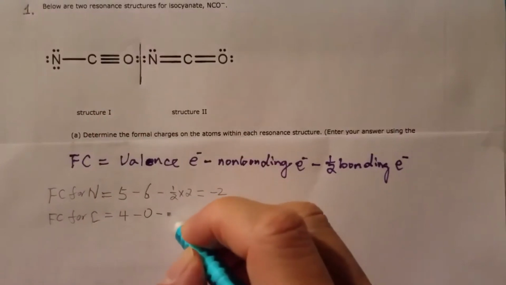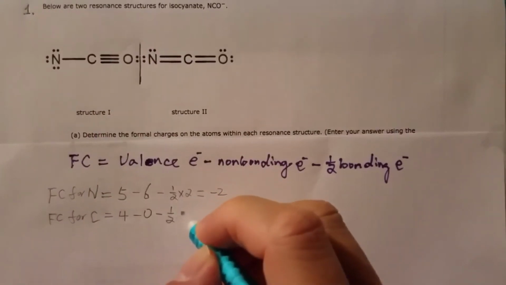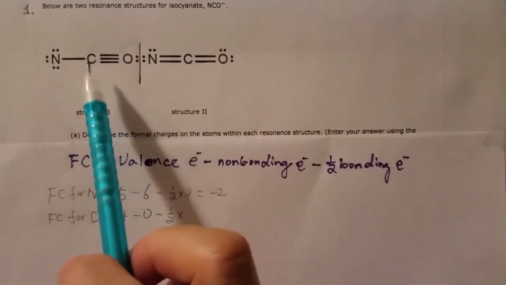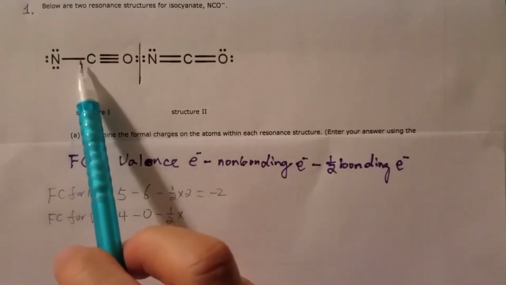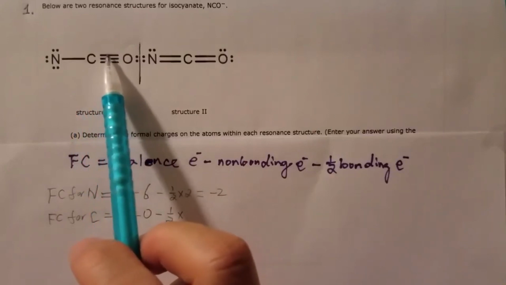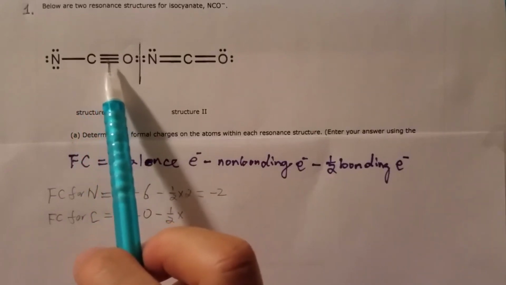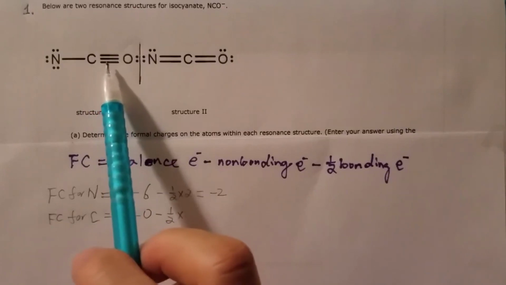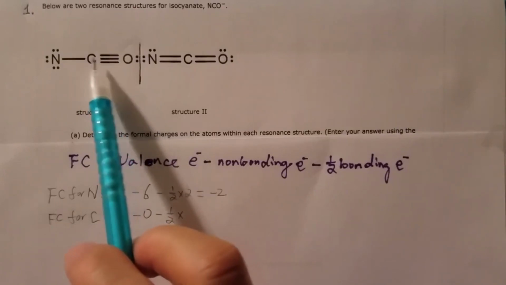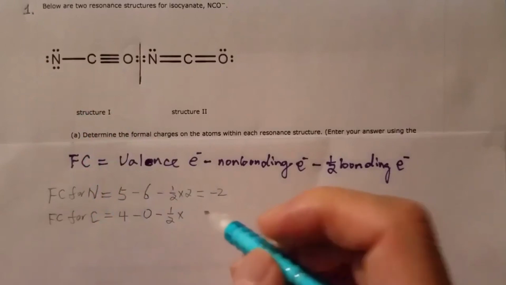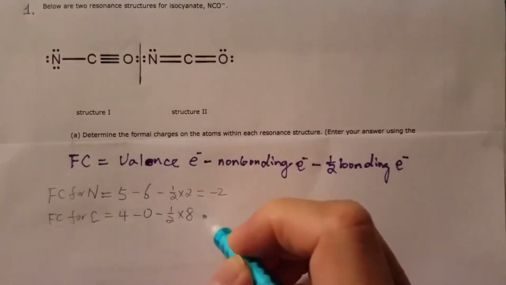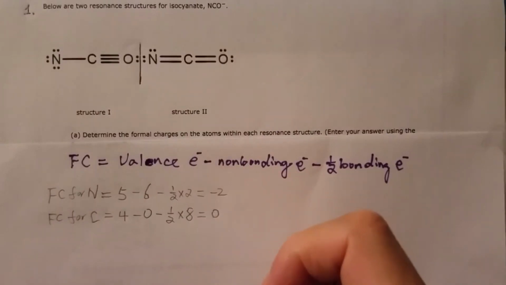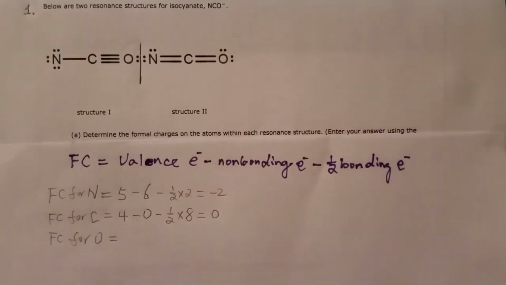And then 1/2 of bonding electrons. Bonding electrons on this side, that's 2. On this side, even though there's a triple bond, you see each line represents 2 electrons. So therefore, that's 6 plus 2, that's a total of 8. And then that should give us 0 for carbon.